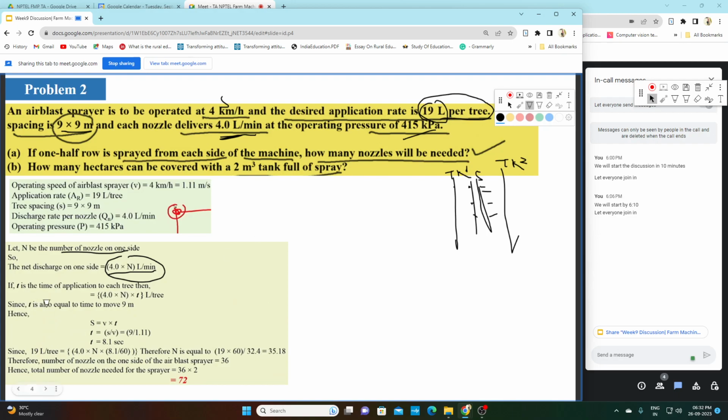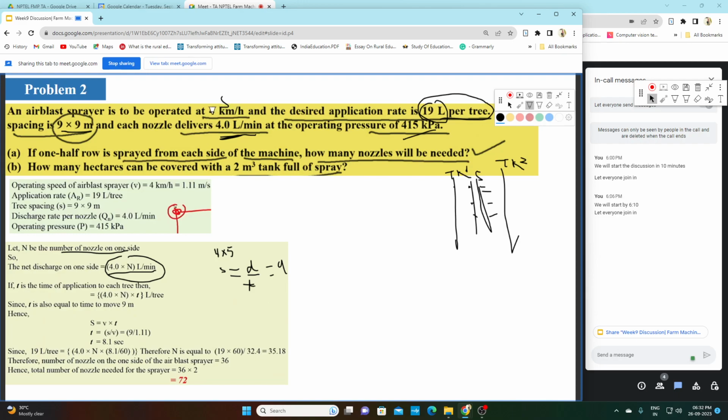Now what we will do, we know the speed is 4 km per hour. Speed is distance upon time, and the distance is the tree spacing, 9 meter. 4 km per hour means 4 into 5 by 18, because 5 by 18 means 1000 by 3600.